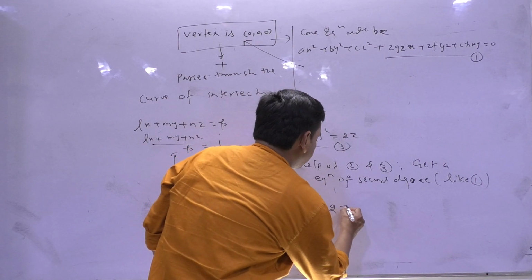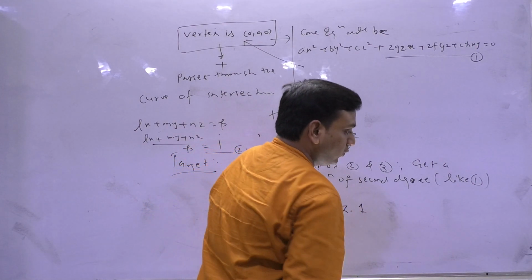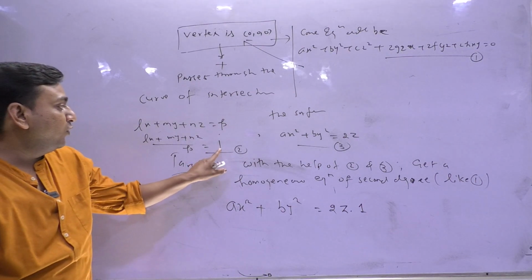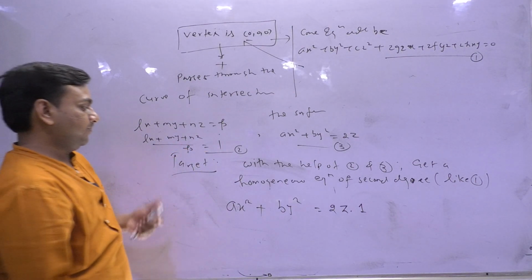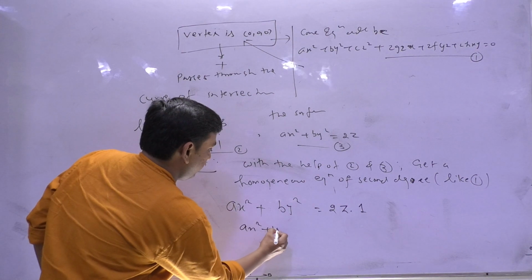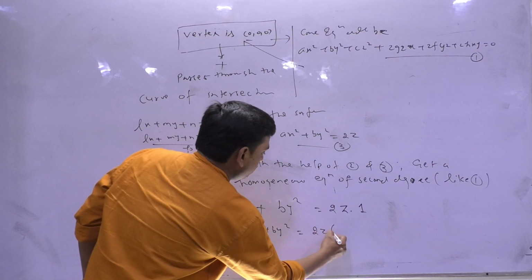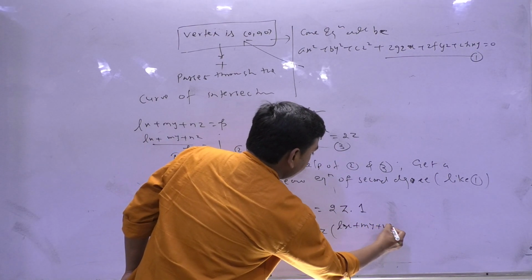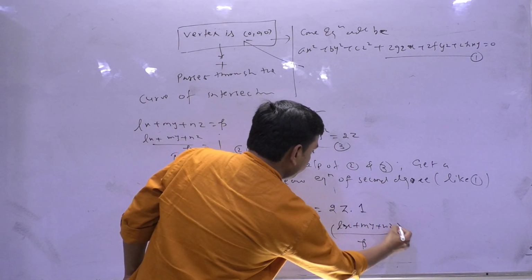Now, in place of z, I will write 2z into 1, let's say, and 1 will be replaced by this: ax square plus by square equals 2z into (lx plus my plus nz) divided by p.